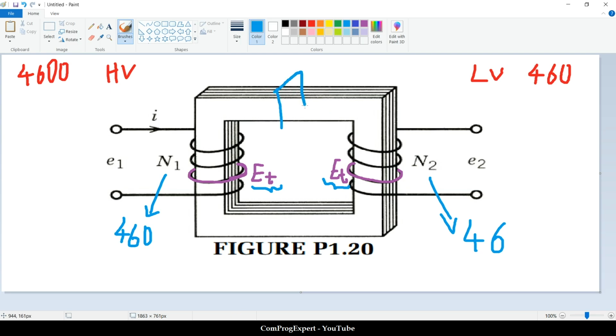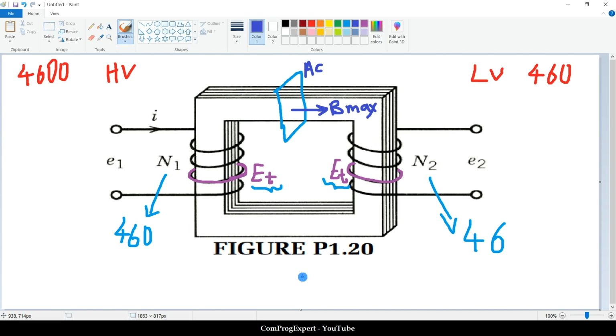If you consider this cross section for the core, area of the core, and this is B max, the maximum flux density in the core. You know this equation, we discussed it in the previous chapter. Phi max is equal to B max times the area of the core.